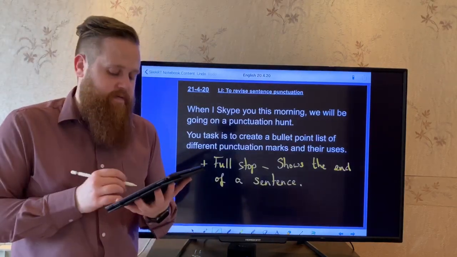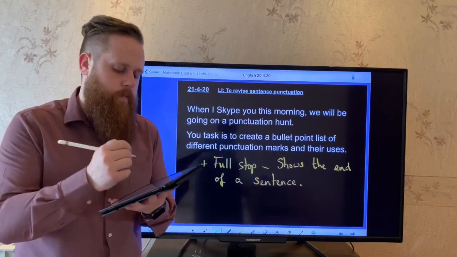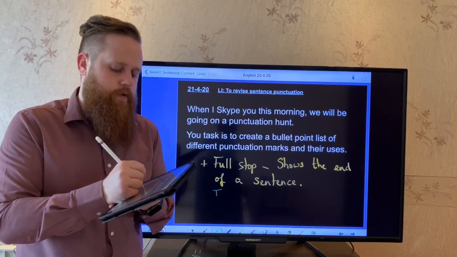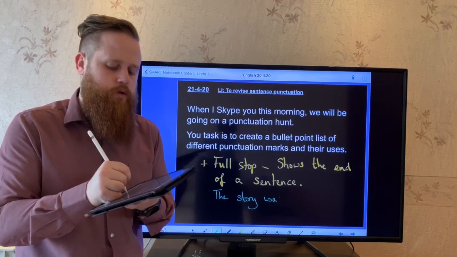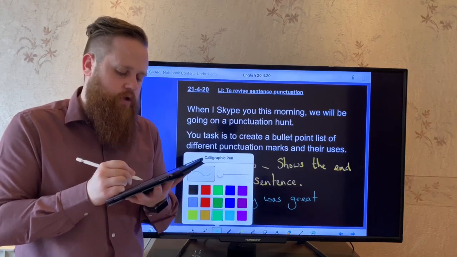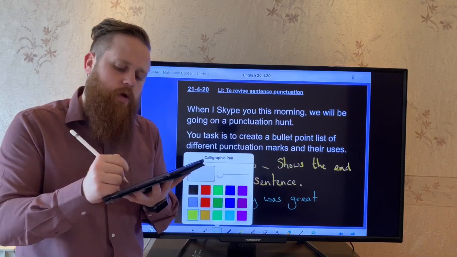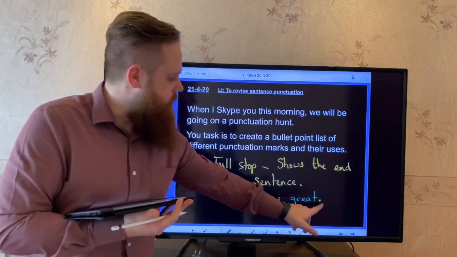And then I could maybe give an example, maybe in a different colour. The story was great. And again, I will use a slightly different colour to highlight what a full stop looks like. And there it is, okay?